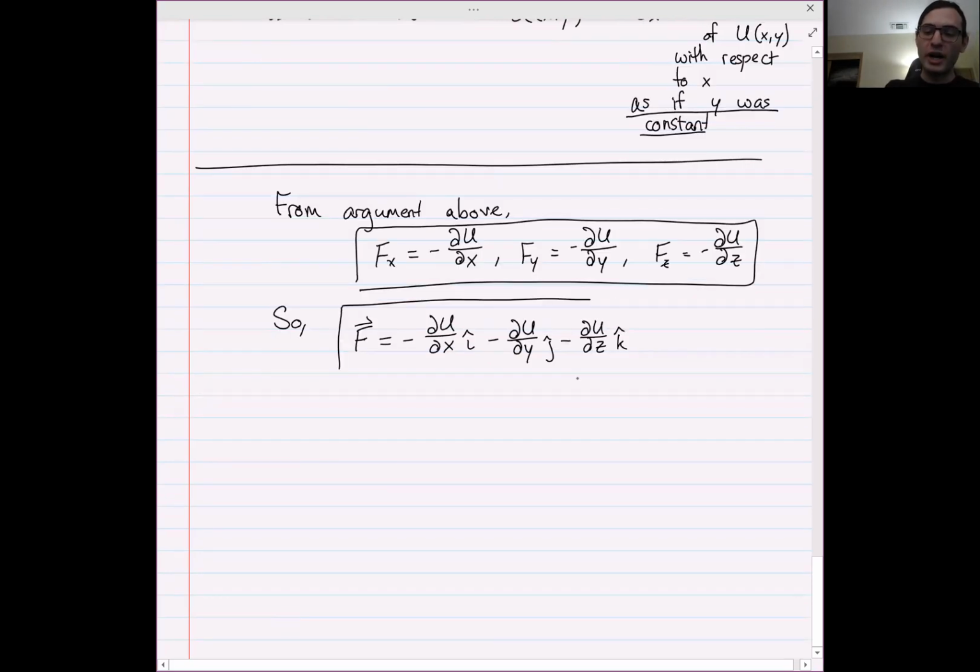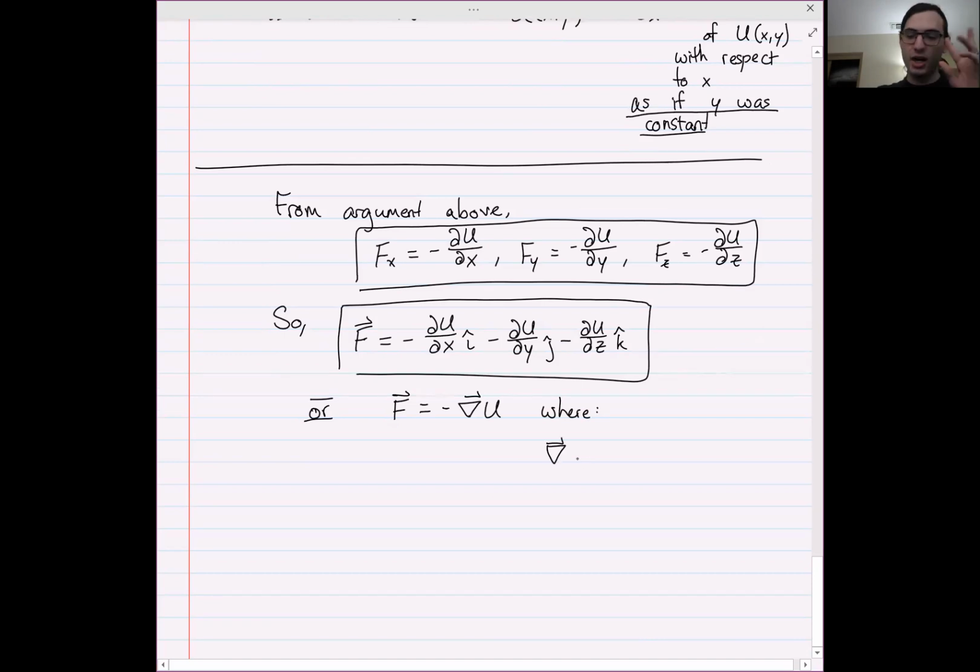So put another way, there's another notation that people use. F we would write as the negative gradient of u. Now, this is just a notation thing. This gradient, as an operator, is just i hat partial with respect to x, plus j hat partial with respect to y, plus k hat partial with respect to z.